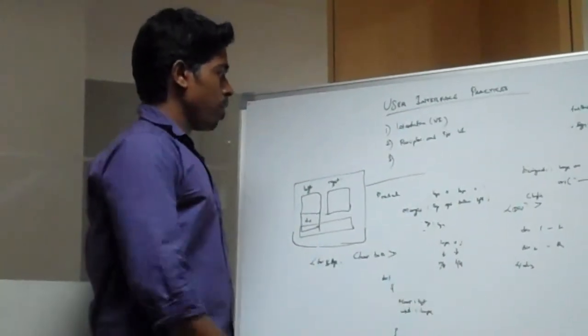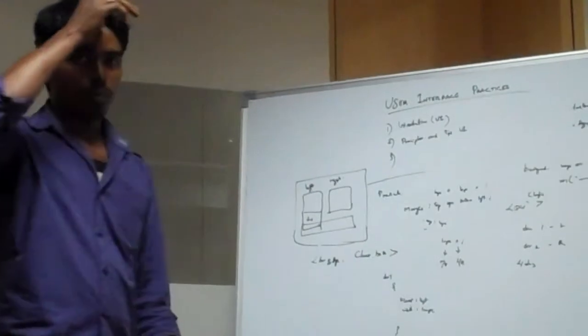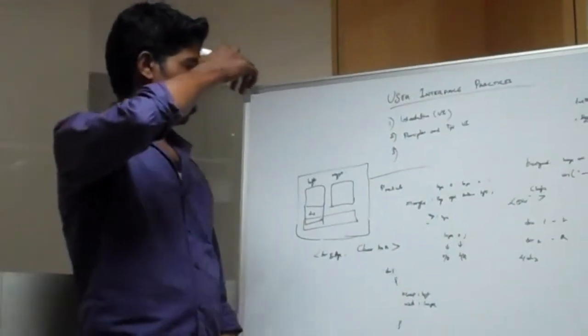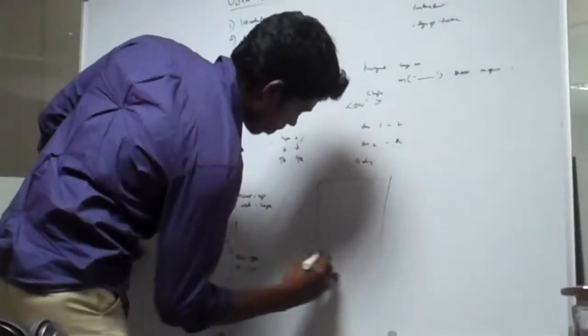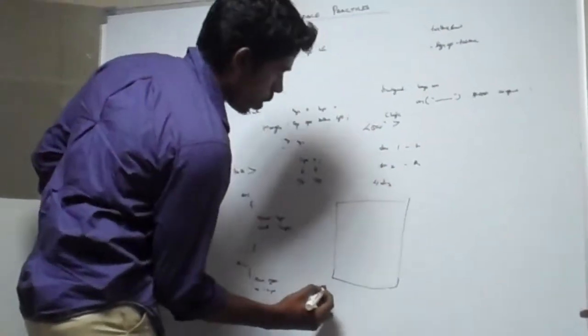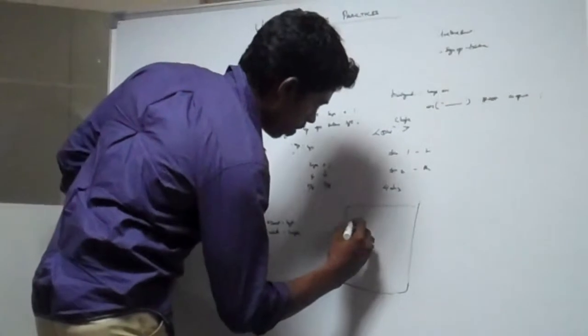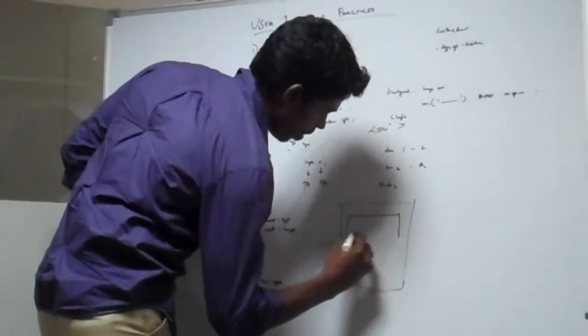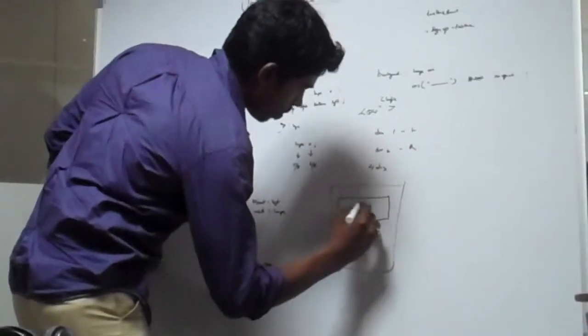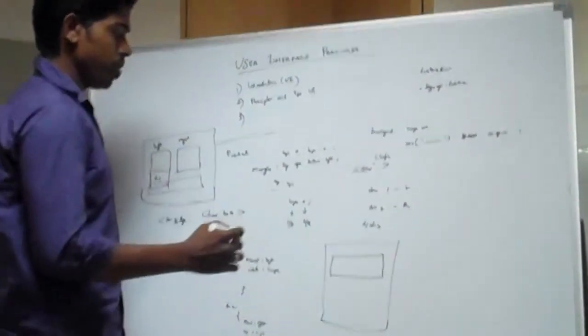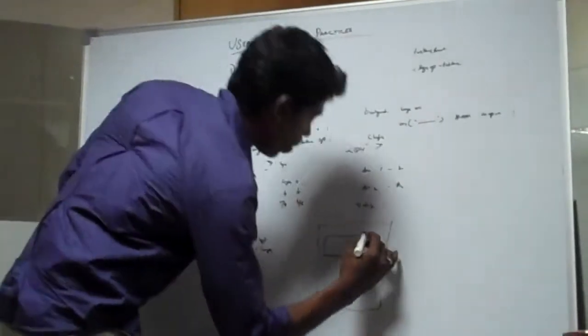And then position absolute and relative. So what is the purpose of that? This is the layout, and we have a div here, and we have another div which is to be shown just above this one.